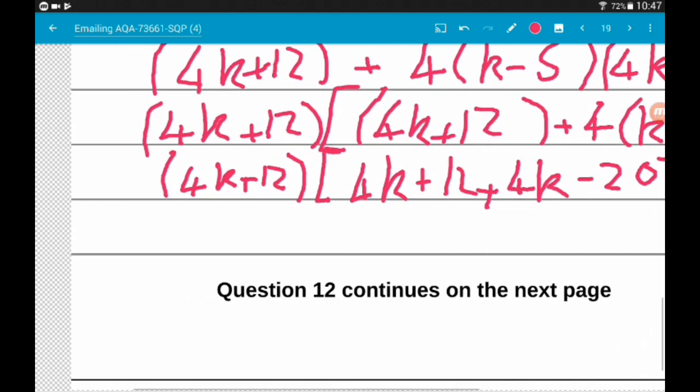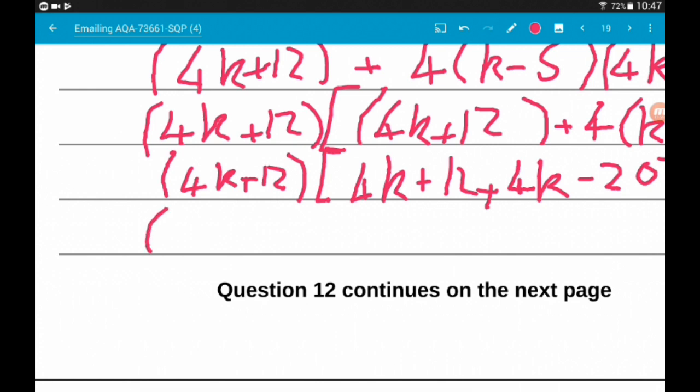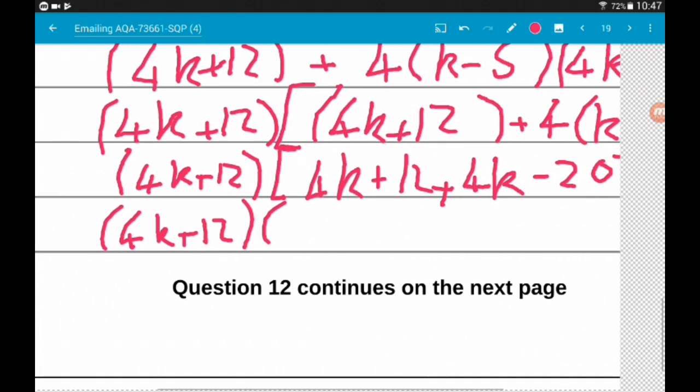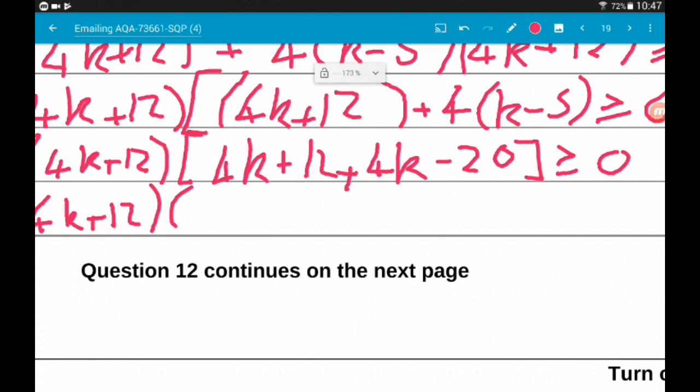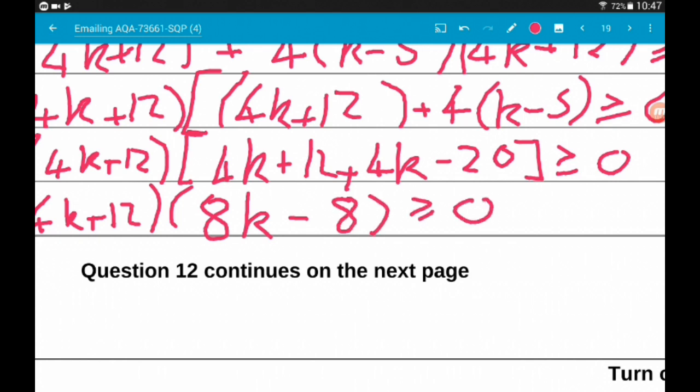Now then we've got 4k plus 4k, which is 8k. And then we've got plus 12 minus 20, so that's going to give us minus 8. Okay, so that's all greater than or equal to 0.